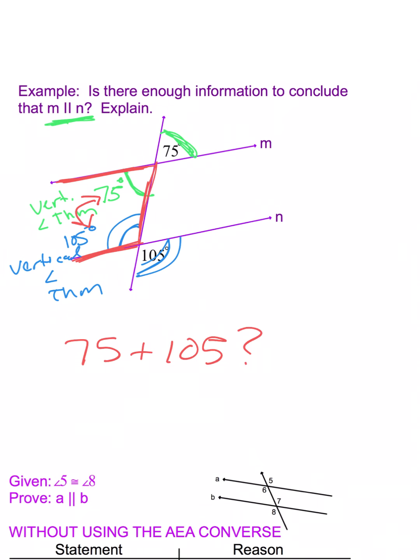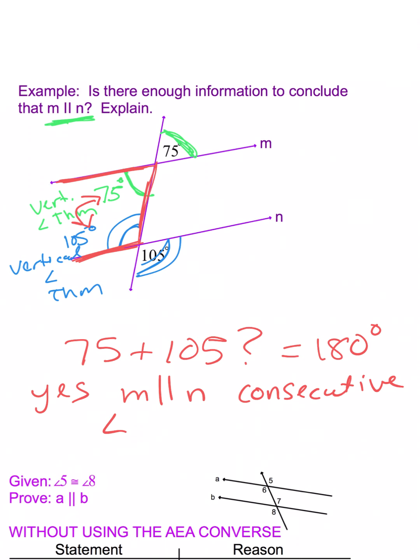Do they add to 180? They sure do. Okay, so we can say yes, M is parallel to N using the consecutive angle converse. And again, when you're trying to prove that they're parallel, you're always using the converse.